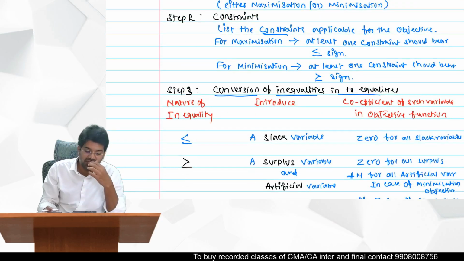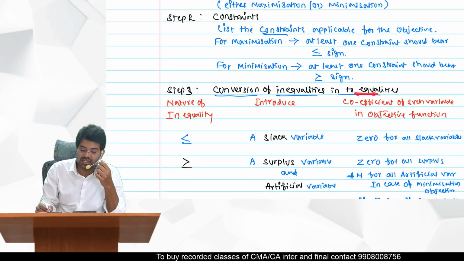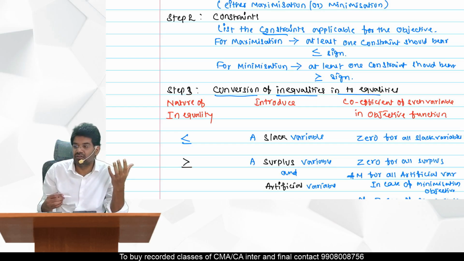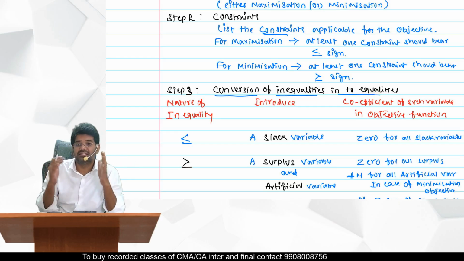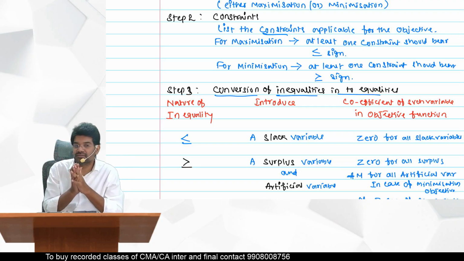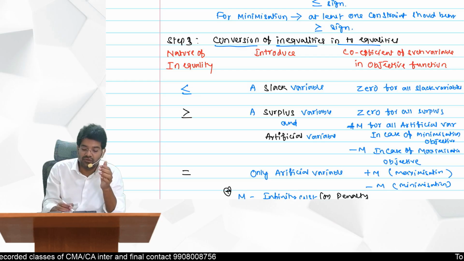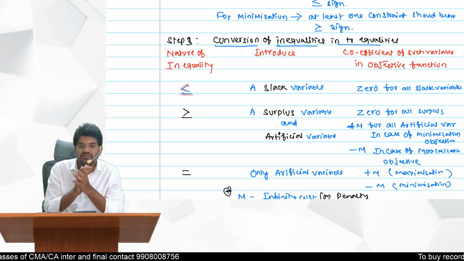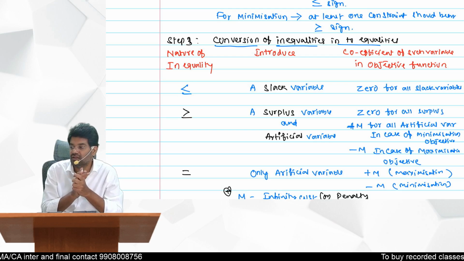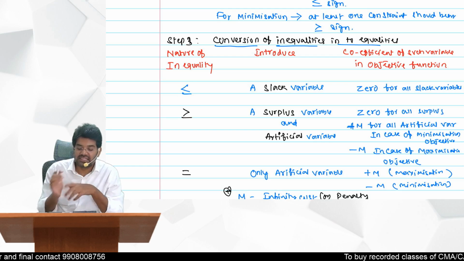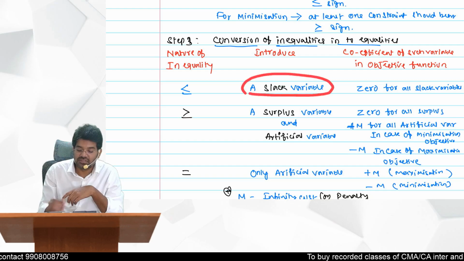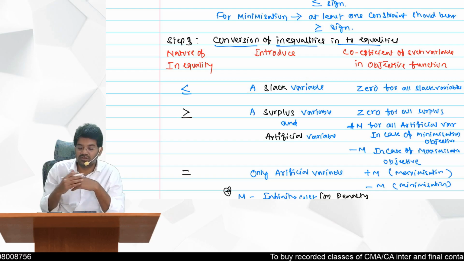Now step number 3 is we should convert inequalities into equalities, like we have done in the graph. Here also we have to do that, but there is a standard form here. When you have constraints of less than or equal to, a slack variable is introduced. What is introduced? A slack variable.